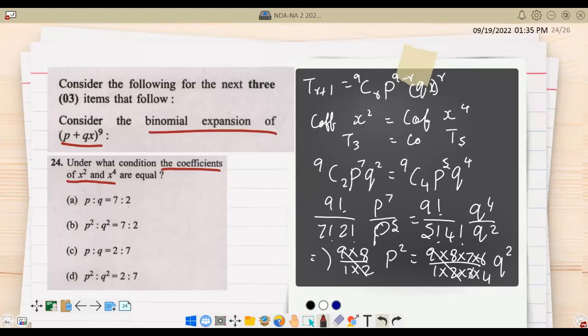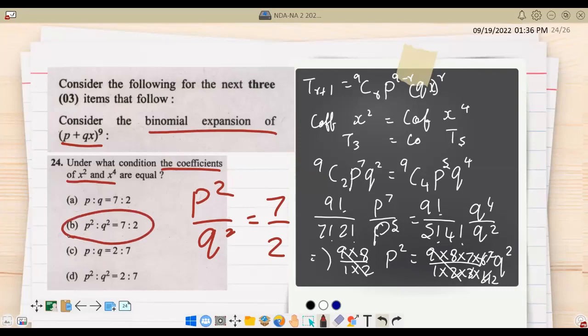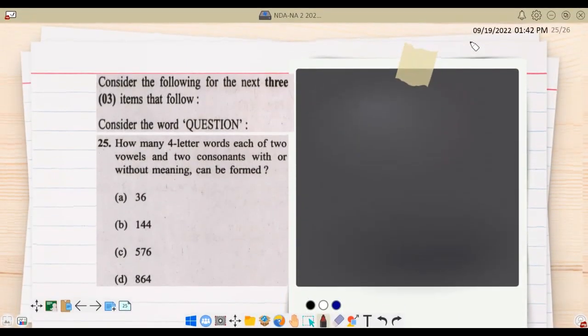Then P square by Q square will be 7 by 2. So the answer is P square is to Q square is 7 is to 2. Answer is B.